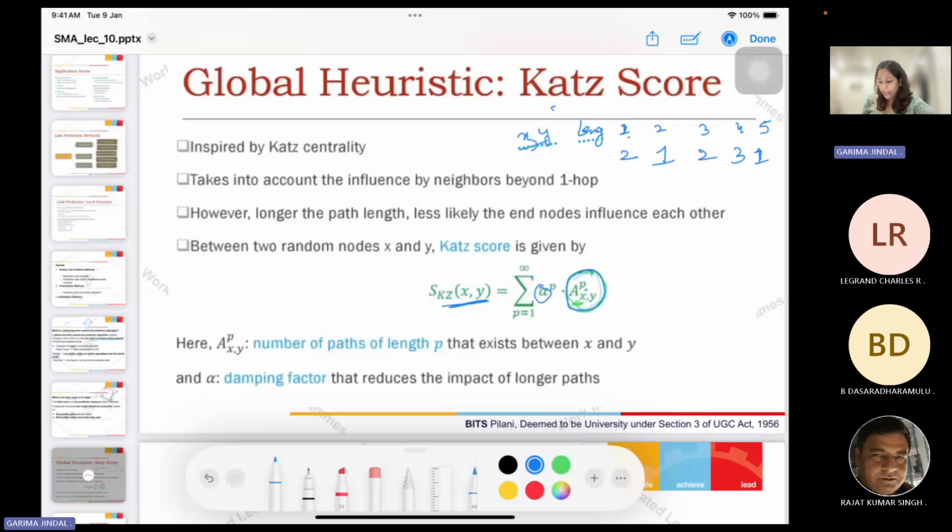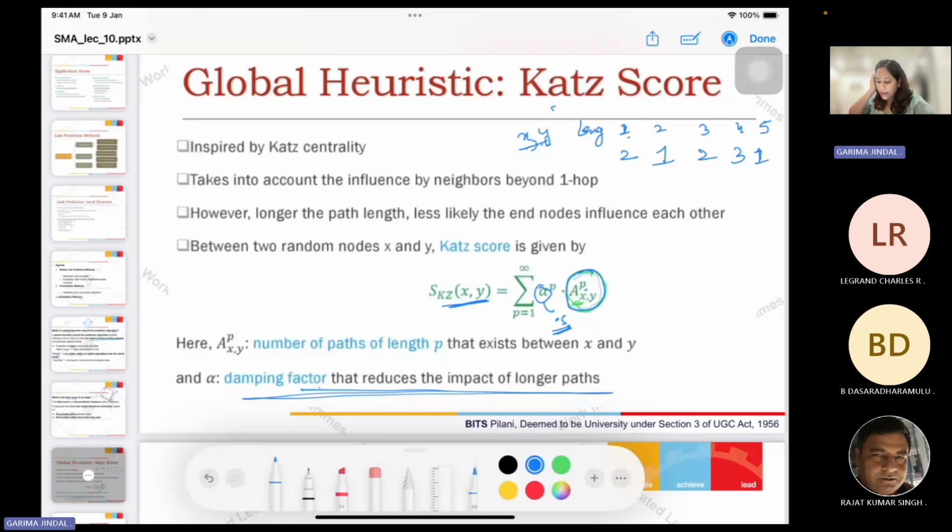So let us suppose the value of alpha is 0.5. What is alpha? Alpha is a damping factor that reduces the impact of longer paths.